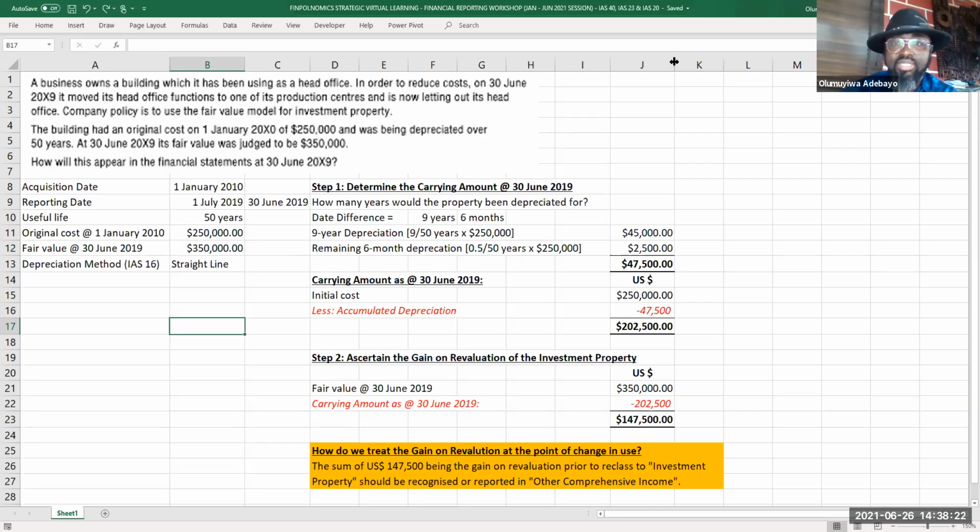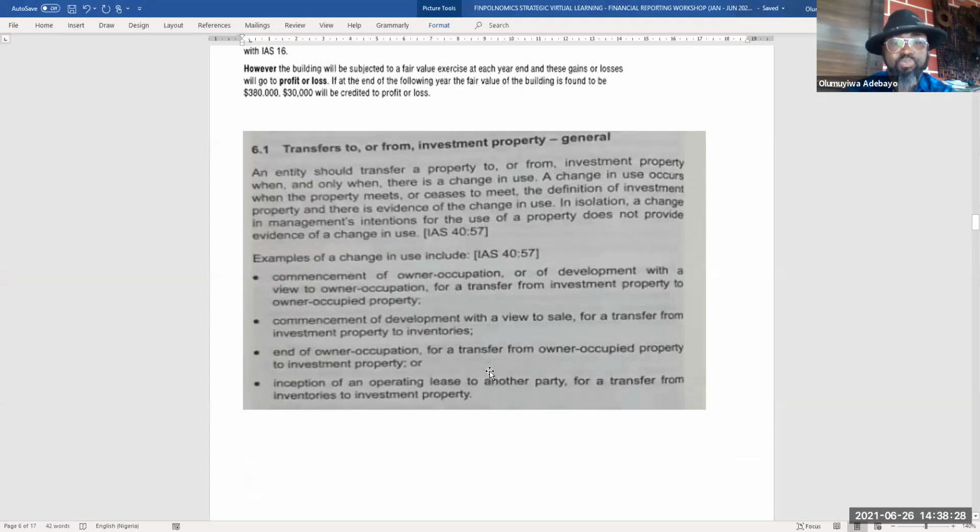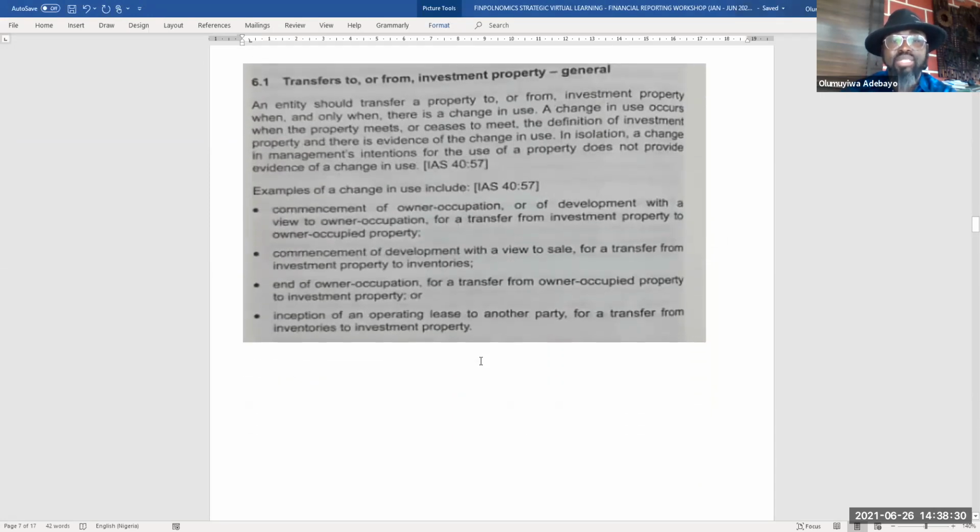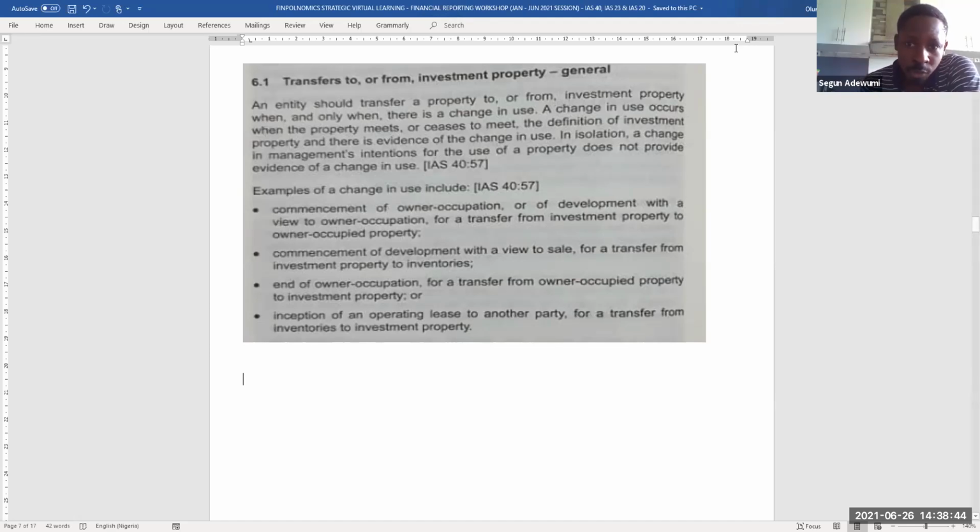Now let's look at some other aspect to our discussion as we wrap up. Now let's see practical instances that show change in use of a property that will have warranted it to be classified as investment property. Can somebody look at it? Transfer to or from investment property, general.